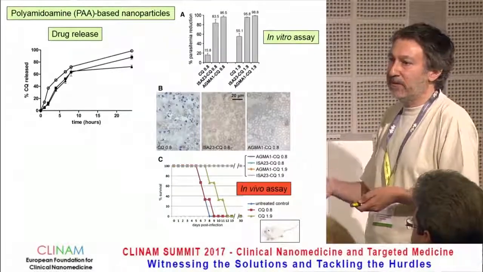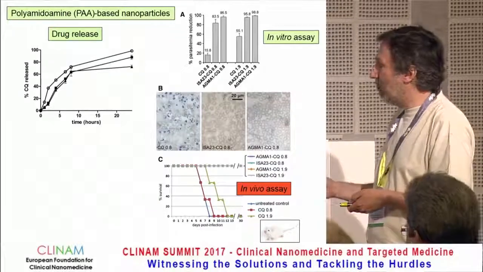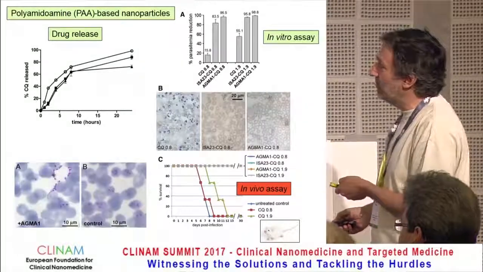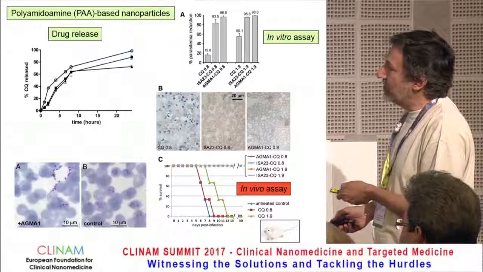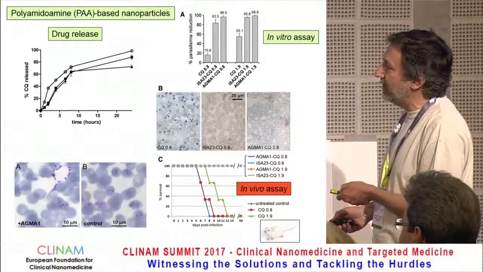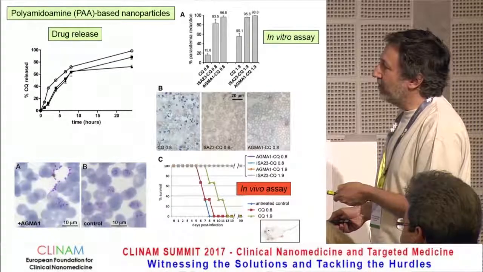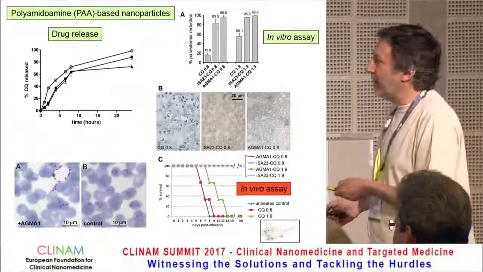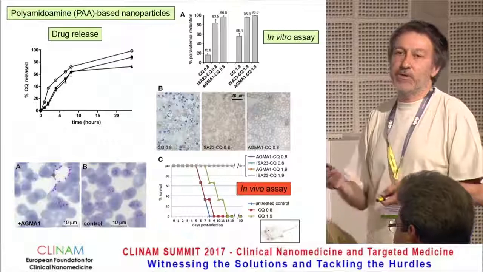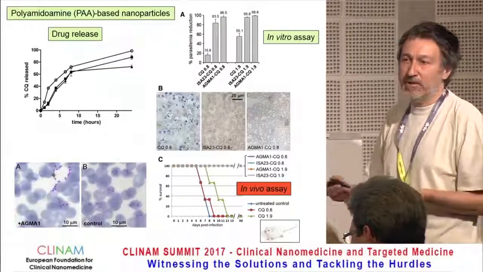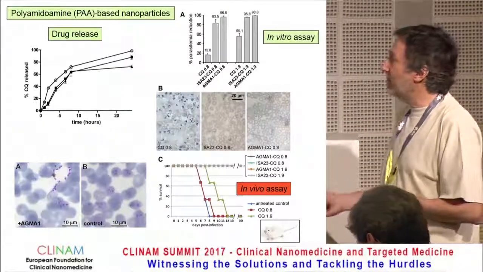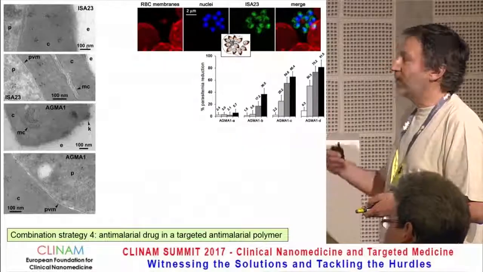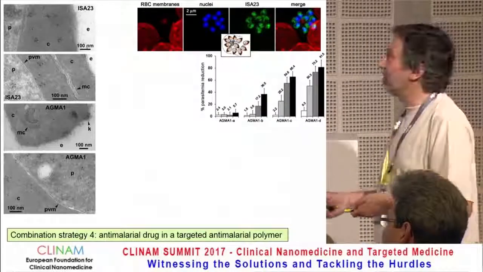Then we suspected that here we had some overlapping activity. When we looked more carefully at the cultures, we realized that very often in the cultures treated with these polymers, the parasites were not able to invade red blood cells. So there was an invasion inhibition that we think is incorporated in the system besides drug activity.